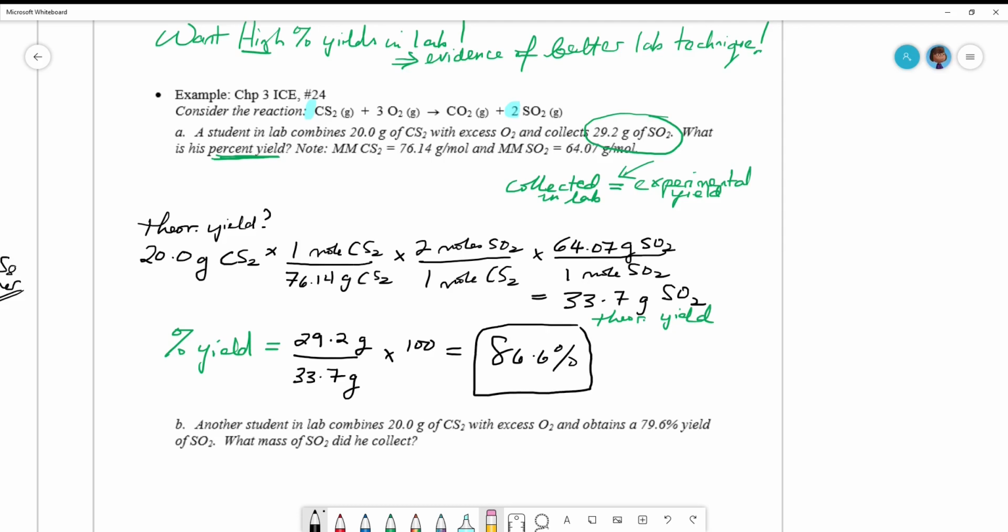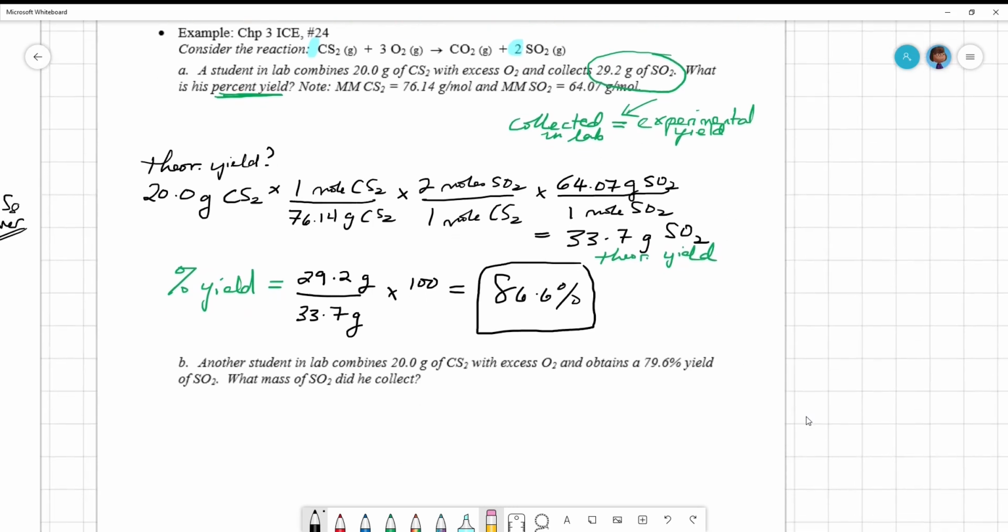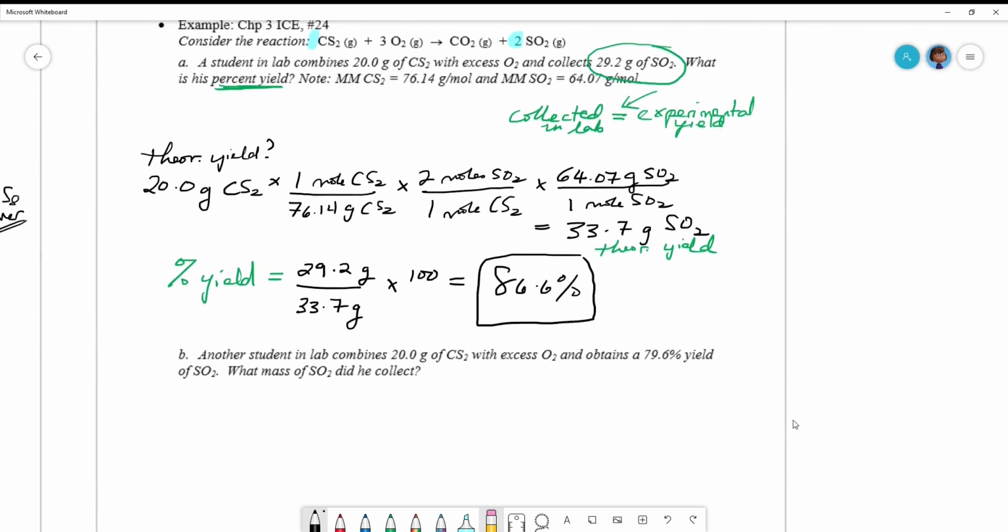So really we just have to do a close reading of the problem to make sure we understand which quantity is which. And it was really a key thing to note that that 29.2 grams of SO2 collected in lab represented our experimental yield. Okay, we're almost there.